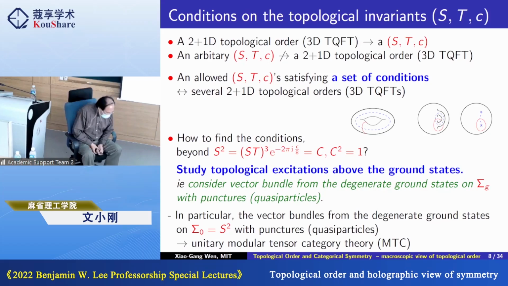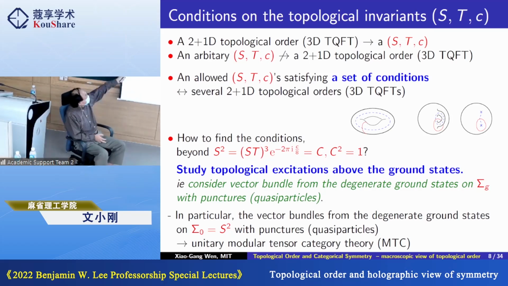Now you might think we should study space with all kinds of topology and all kinds of punctures, and that vector bundle surely should describe everything. So we are making a conjecture here: we don't want to do that general thing. We either want to study the simple space with many punctures or the complicated space with no punctures. In these two extremes, maybe that's enough information to characterize topological order.